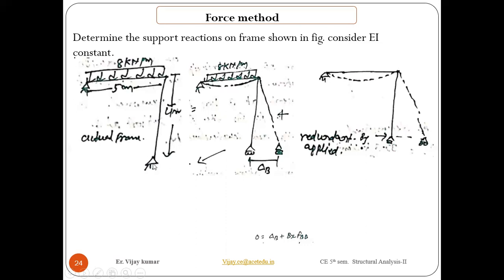Any of the supports you can make a roller, but you need to be very careful about which support you replace. A roller will allow release in one direction. I need to remove the redundant and calculate its value. Then we are left with three unknowns, which can be calculated using the static equilibrium equations.